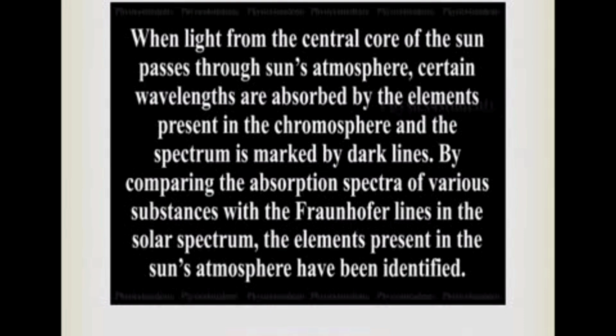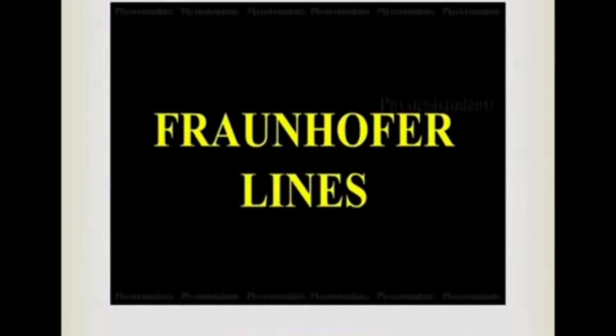The dark lines indicate which elements are present in the sun's atmosphere. All the elements are in the gaseous state, and these gases absorb the continuous emission spectra. After that we can calculate which elements are present in the sun. That's called Fraunhofer lines. The solar spectrum contains a large number of dark lines, and the dark lines are called Fraunhofer lines.